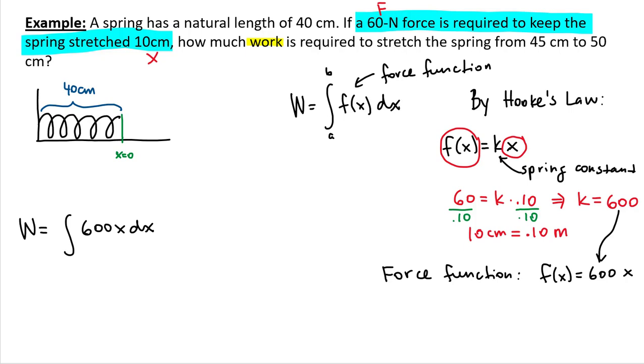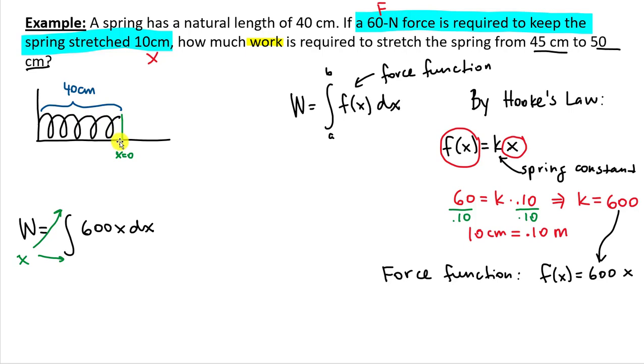That's where we read the second part of the second sentence. It says how much work is required to stretch the spring from 45 centimeters to 50 centimeters. What's very important to note is that the limits of integration are x values. What x values? These are the x values from this number line. So we have to figure out what numbers on this number line 45 centimeters and 50 centimeters correspond to. Because 40 centimeters, which is the natural length of that spring, corresponds to x equals 0.